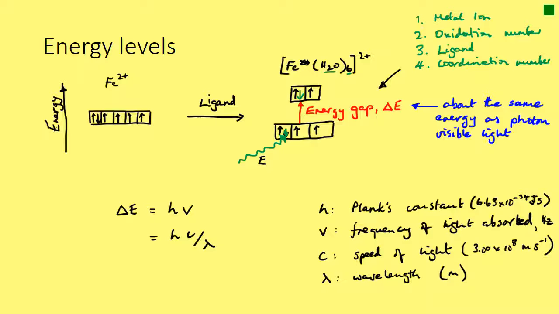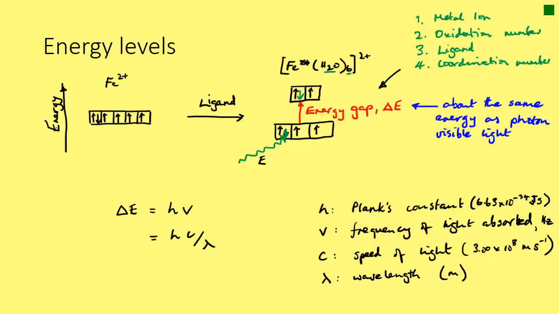One, two, three, four, 5. And if we're drawing iron, then it's going to have lost its 4s electrons, and so it's going to have 6 electrons in the d orbitals. Right, so that is an Fe2+ ion on its own without any ligands.